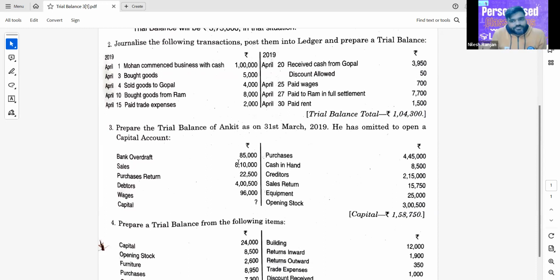Yeah, and then one more. April 30, paid rent. Rent account debit to cash account. Paid rent, very good. Sir, we have to write in bracket like paid wages, paid rent, paid this, paid that. Yes, that is narration.